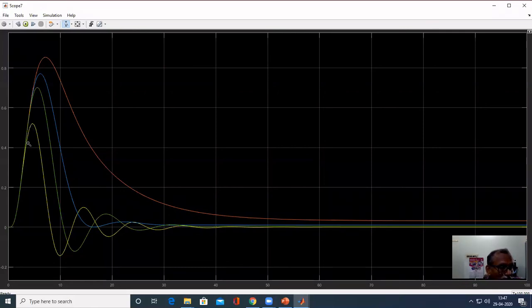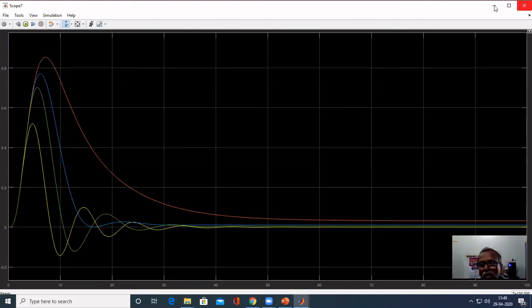It does not have that much overshoot either. No oscillation, no overshoot. So as far as load change is concerned, deadbeat is better. As far as servo response is concerned, Dahlin's is better. That is the conclusion we can make from this.